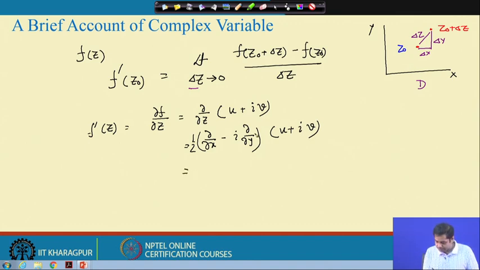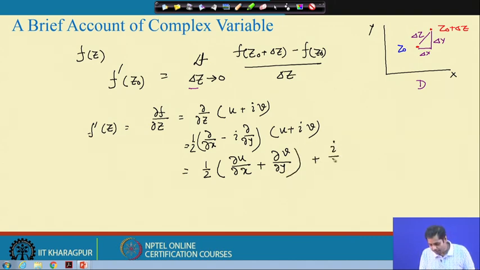Now if we write this expression and take the real and imaginary parts separately, we have half of del u by del x plus del v by del y, plus i by 2 of del v by del x minus del u by del y.